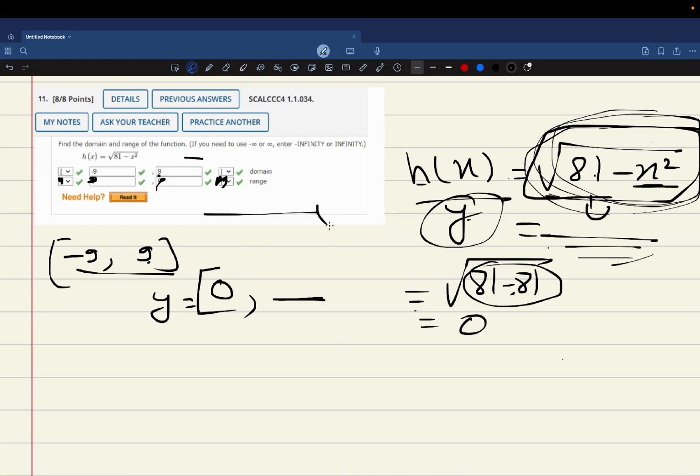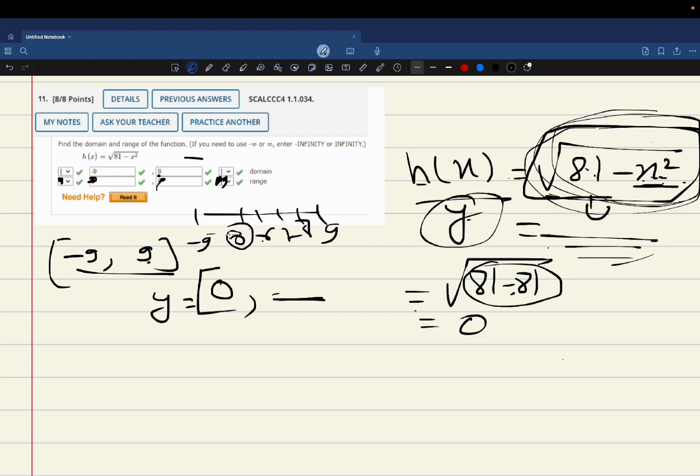So if I put 9 here and negative 9 here, it will be 8 and then 7, and then 6 and then 0 and then others. If we put 8, it will be 8 times 8, 64, and then 81 minus 64 will be some number, and the root of it will be greater than 1. Let's see the other possible values. So 7 will also be greater than 1, and so will the others, possibly greater than 2, 3 also.